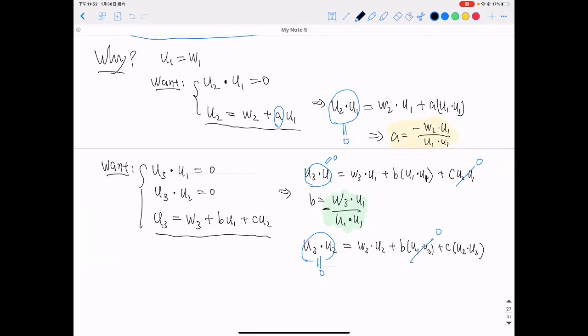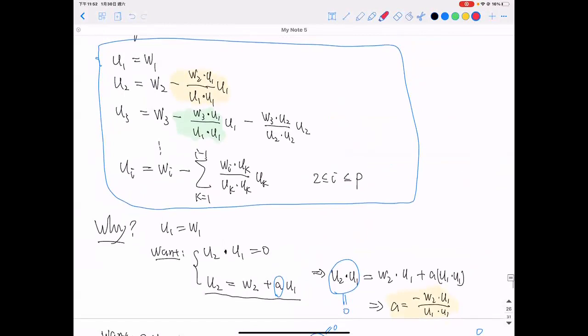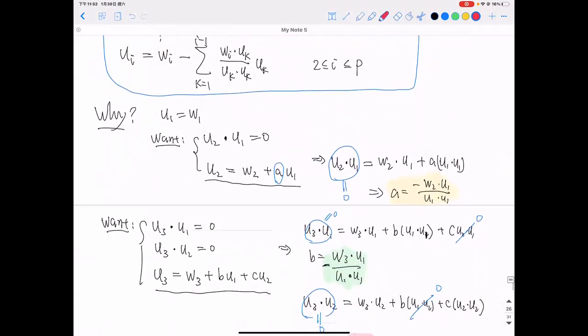So this forces us to have C equal to negative W3 dot U2 divided by U2 dot U2. This expression is again what we wrote up here, with the negative.